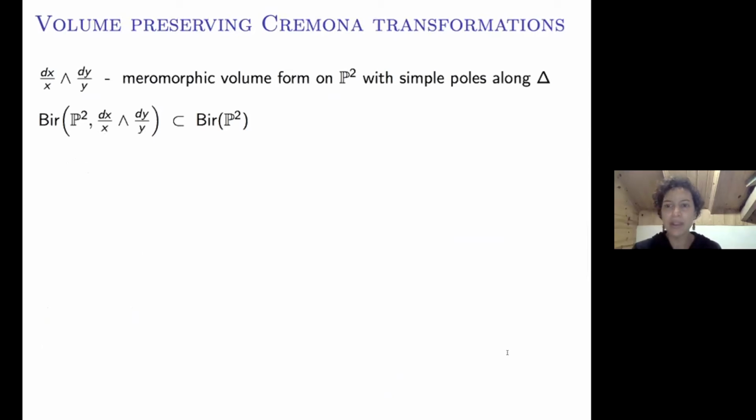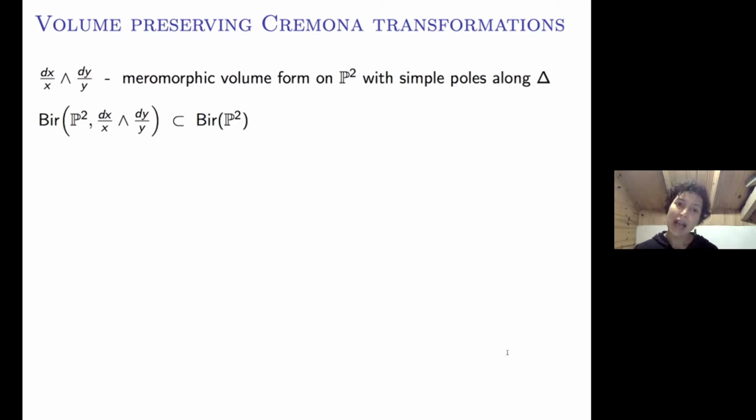One thing that you could do is take, for instance, this meromorphic volume form on the plane, dx over x wedge dy over y. It does not vanish anywhere, and it has simple poles along the triangle. The triangle here represents the 3 coordinate axes, xyz equals 0.